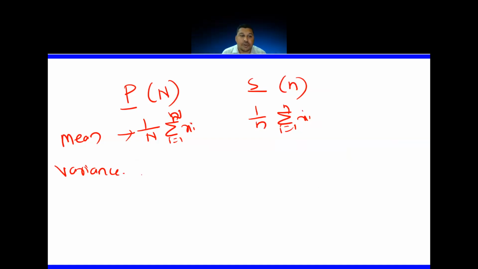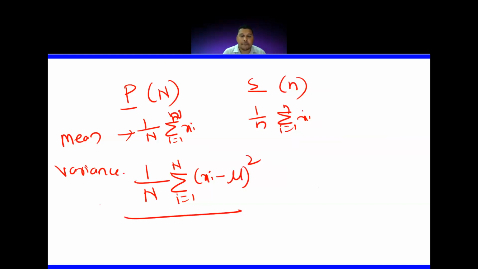There is no difference. But for variance, it is 1 by capital N sigma i equal to 1 to capital N xi minus mu whole square. This is your variance of population. Mu is the representation for population mean.